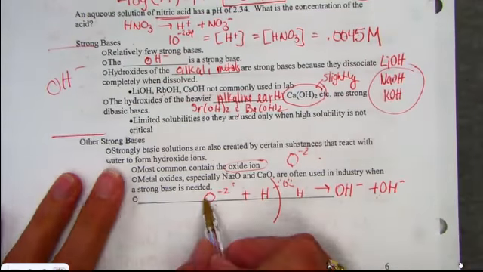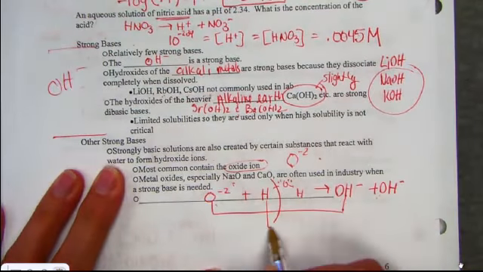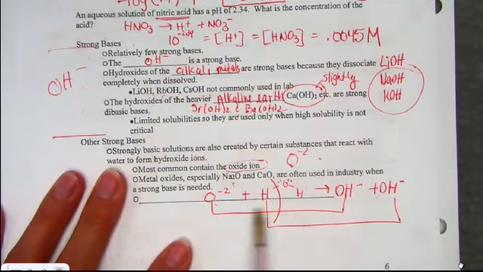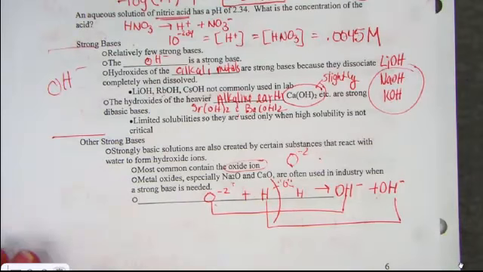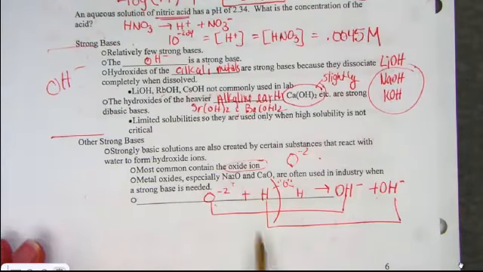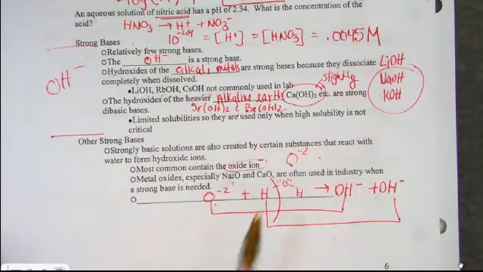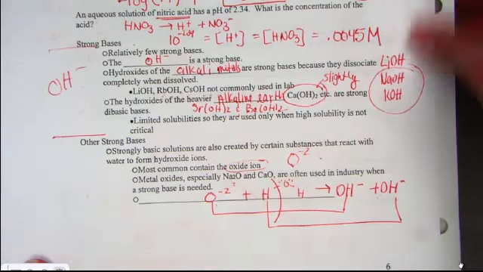I think we wrote that a couple of times the other day when we were hooking together conjugate pairs. Oxide's conjugate, hydroxide. Water's conjugate is also hydroxide. So when I think about how much base comes out in pH, we have to remember to double that concentration.